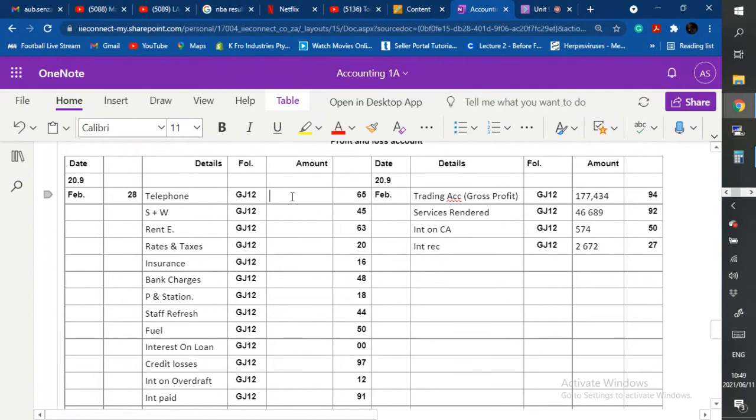Okay. Then we go to the expenses. Go to telephone, 13,228. Okay. Salaries and wages, 10,116. Rent expense, 39,497.